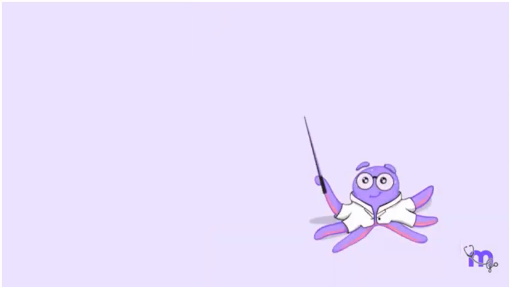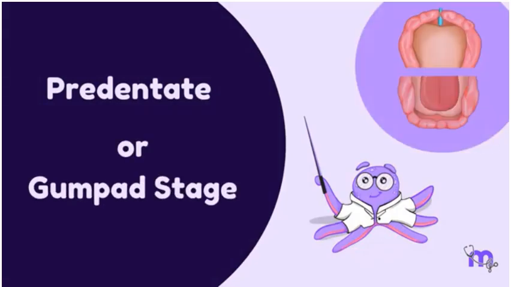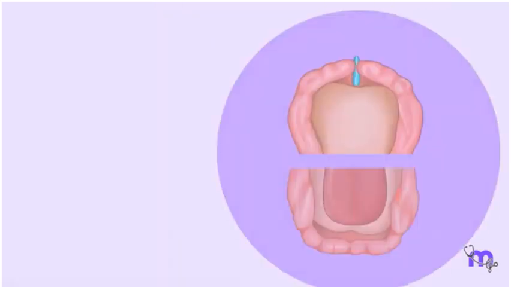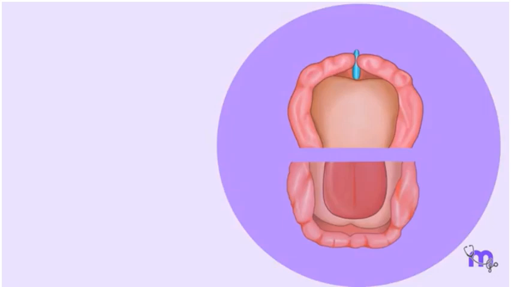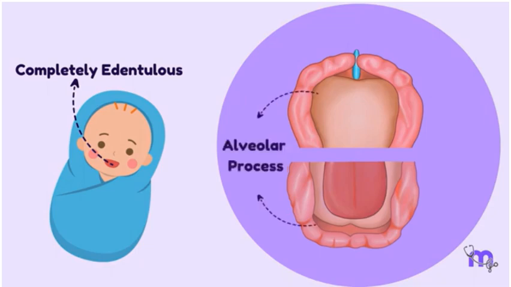In this video, we are going to learn about the predentate or gum pad stage. This is the period soon after birth, and at this point, the infant is completely edentulous. The alveolar process at the time of birth is called the gum pad.